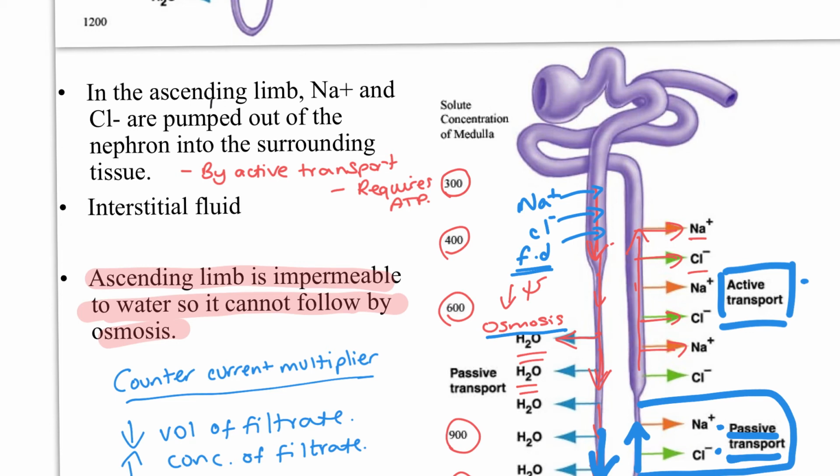So exactly the same over here. Can you see how here we're very concentrated, and with the same concentration here and here, you have the same concentration of solution leaving the loop of Henle as you had entering. You've just dropped the volume. So as you travel down the descending limb, you increase the concentration and decrease the volume of the solution. And as you travel up the ascending limb, you decrease the concentration and the volume remains about the same.